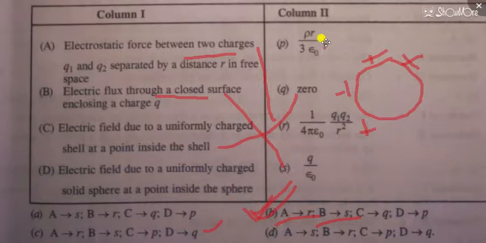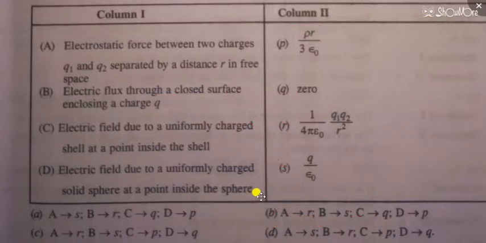Yes, this is the right relation. Inside the sphere, the electric field is directly proportional to the small r. If you have not seen the derivation part, I have given that link in the description. So for this question, option number B will be the right answer.